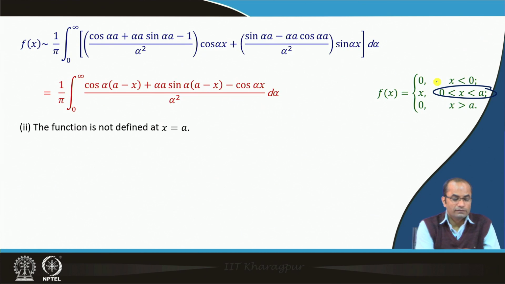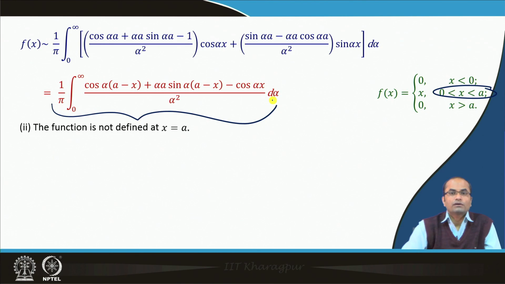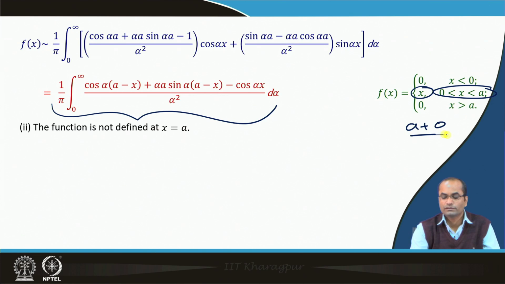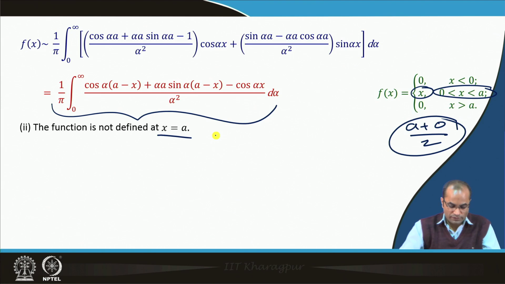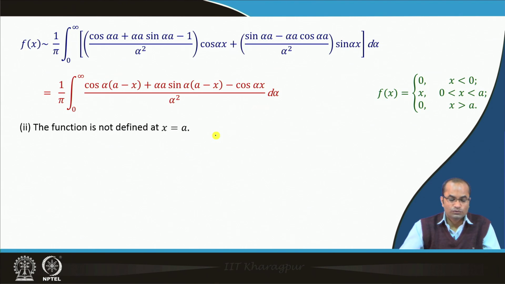However, when the question is about the convergence of this Fourier integral, then that will converge to the average value of the limits. So, at a we can take the average value, and from the left side the limit is a, and on the right side it is 0, so a by 2. So, this Fourier integral at x equal to a will converge to a by 2.